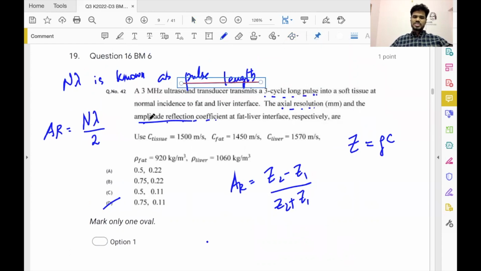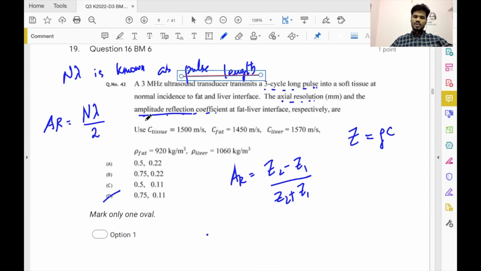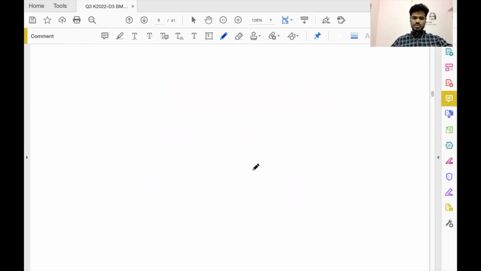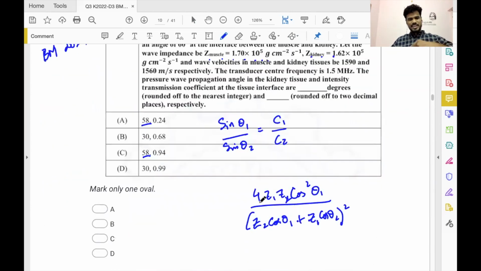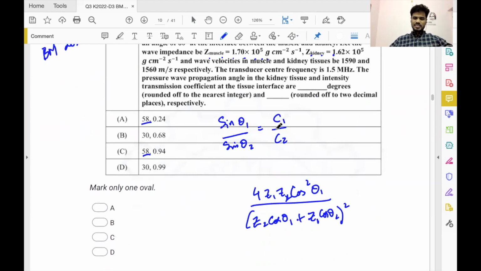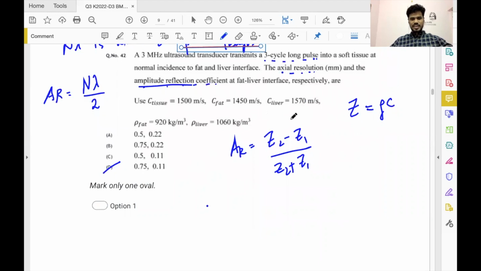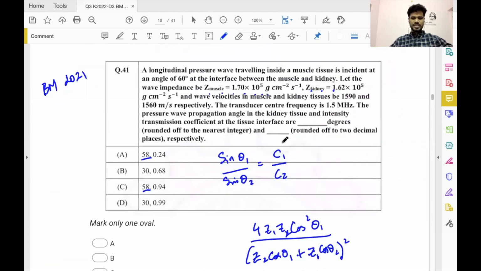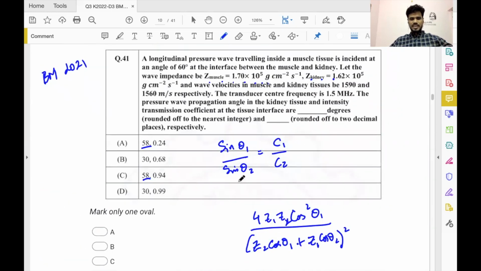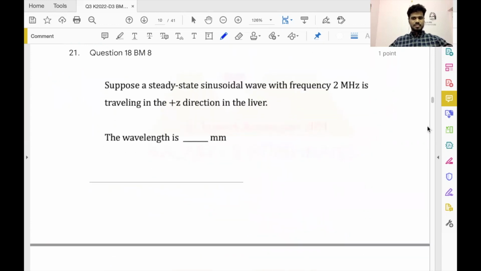Instead of the amplitude reflection coefficient, they can ask for the amplitude transmission coefficient, or the intensity reflection coefficient or intensity transmission coefficient, which is what they asked here. Things can be at an angle or things can be normal. Things are normal in the earlier question, that is, the thetas are 0 degrees, and here things are at an angle. We have theta 1 and theta 2. Okay, fine. But a very easy question. So just remember the relations.